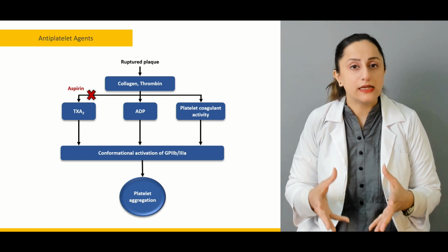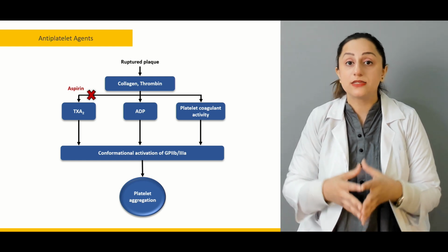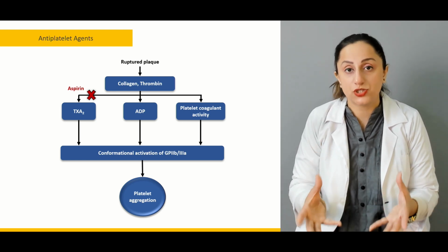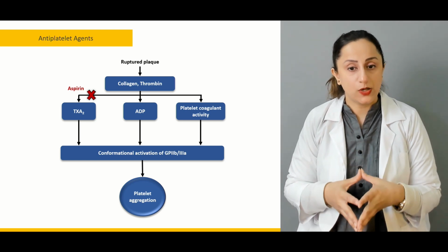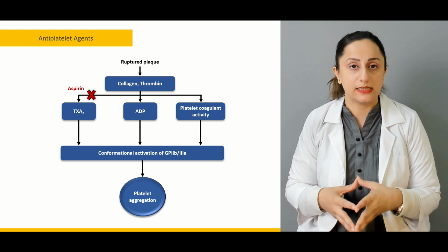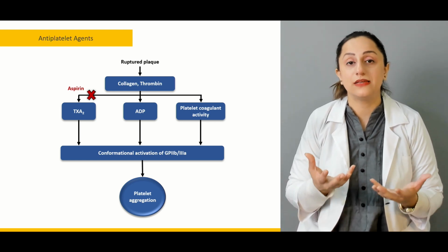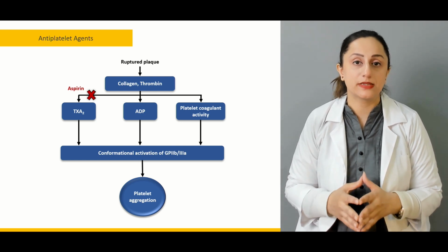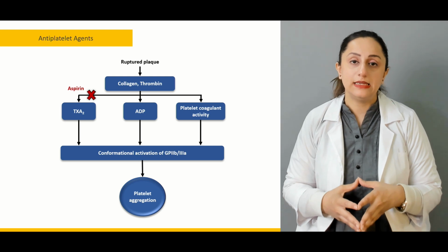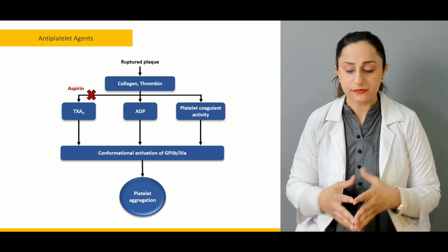This is given as a part of primary prevention for these individuals. It is acting at the step when the collagen and the thrombin are activated, and it inhibits the thromboxane A2. This is the step where the aspirin is going to inhibit the whole cascade of platelet aggregation.